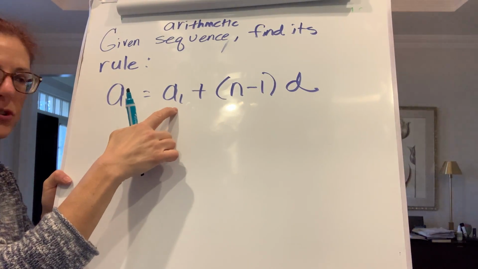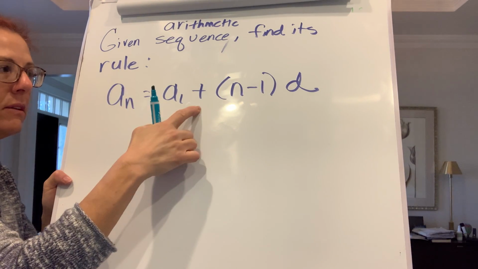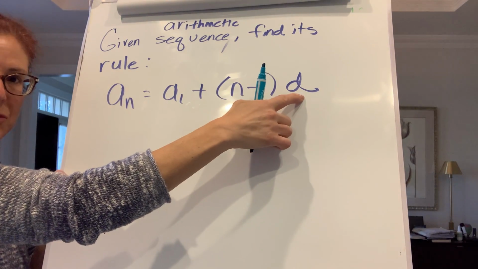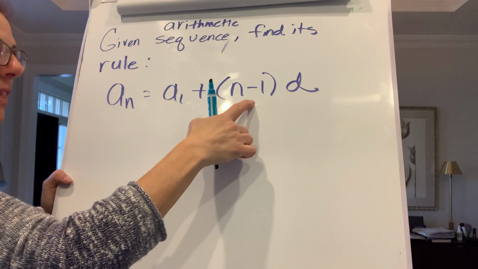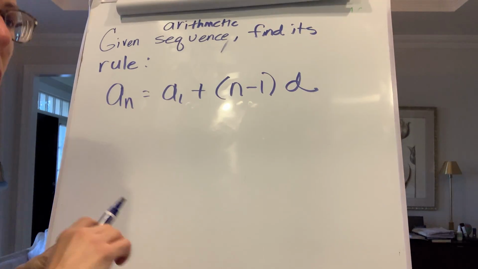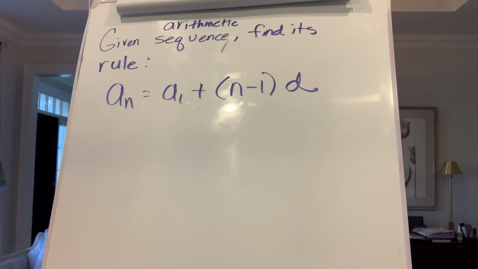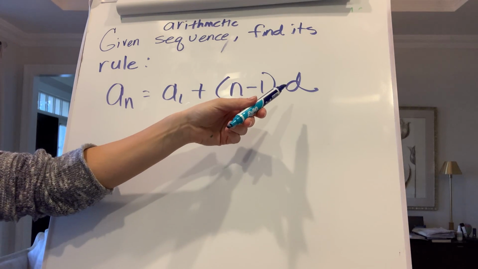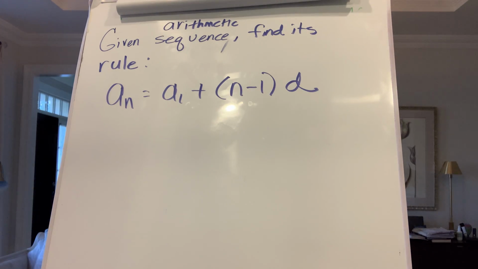You take the first term, then you add the common difference. And how many times did we add that common difference? 1 less than its place. So it's the first term plus whatever the common difference is, how many times? 1 less than its place.